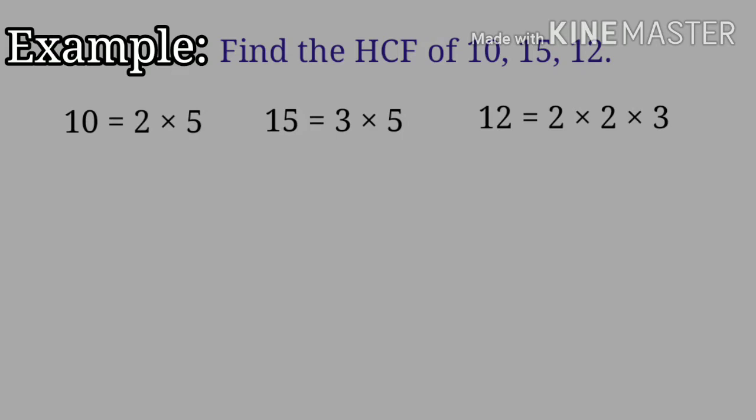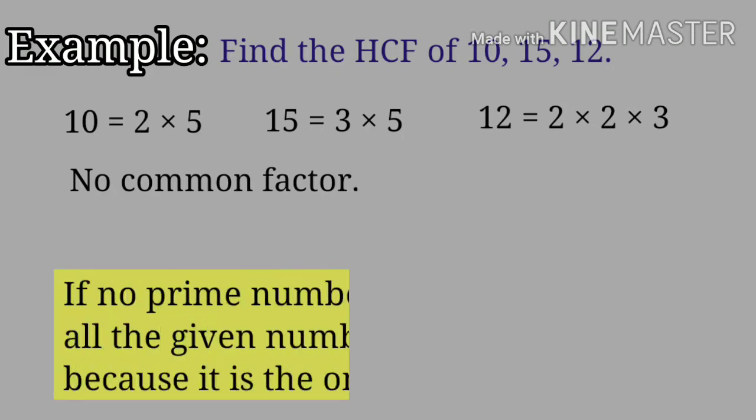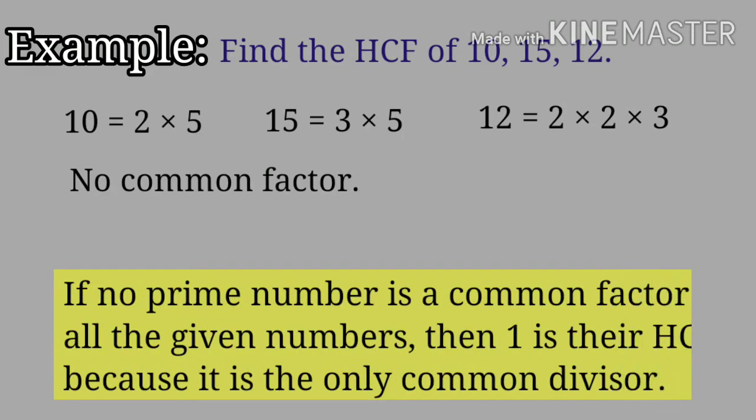If you observe the factors of the given numbers carefully, there is no common factor. Remember that if no prime number is a common factor of all the given numbers, then 1 is their HCF because it is the only common divisor or factor.